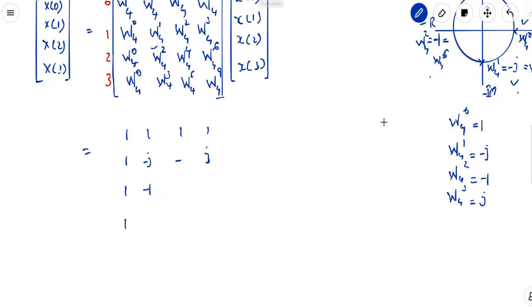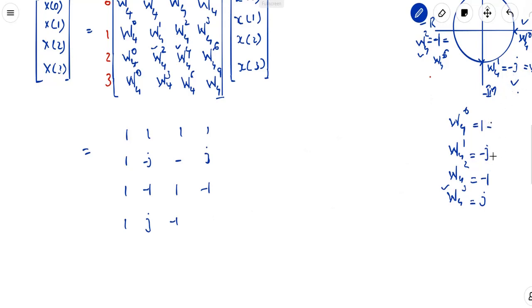Then omega 4 of 4, which is 1. Omega 4 of 6 is again minus 1. Omega 4 of 3 is j. Omega 4 of 6 is minus 1. Omega 4 of 9 is this one.